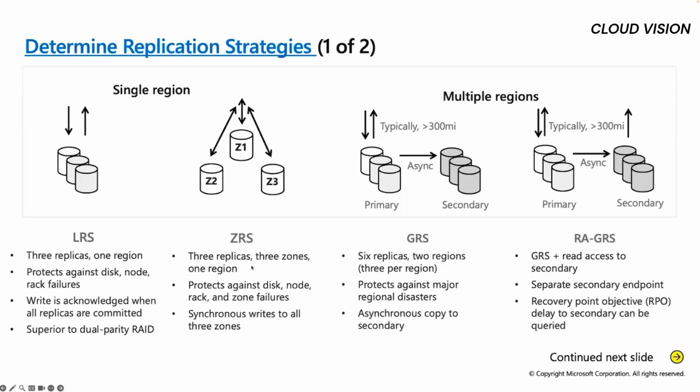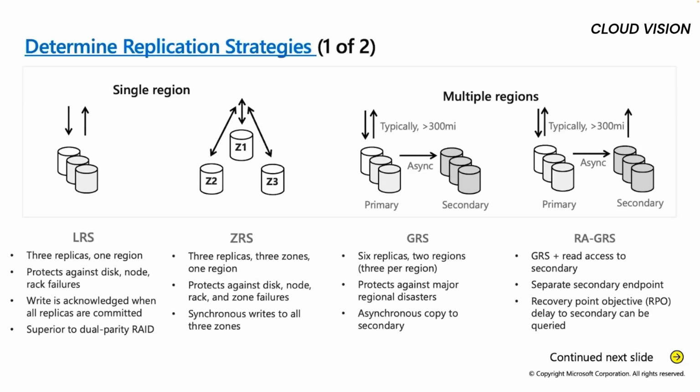To protect even further, I would go into GRS, which is geo-redundant storage. And there is a read-access geo-redundant storage. We'll talk about the difference between the two, but it's typically what the name suggests. Now, in GRS, it keeps 6 replicas in 2 regions, so 3 per region. If your zone fails, you are protected.